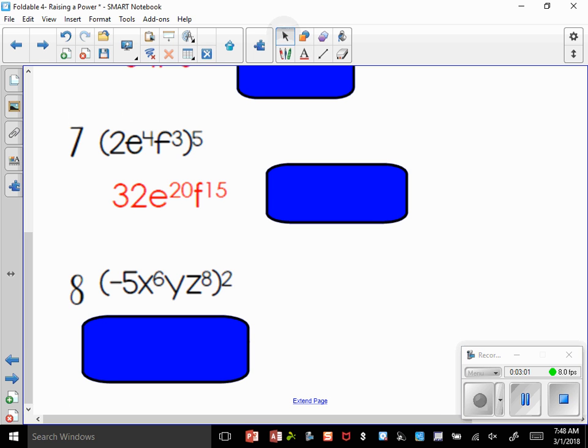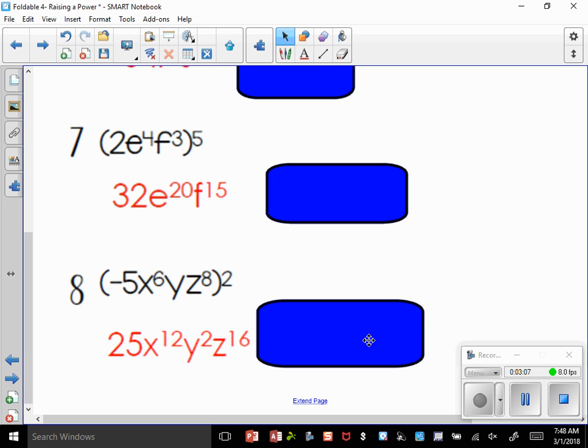All right, so here, when you raise -5, and again, all of -5 to the second power, that's going to give you 25. And then when you multiply, 6 times 2 is 12, 1 times 2 is 2 for the y, and 8 times 2 is 16 for the z. All right, so let's move on.